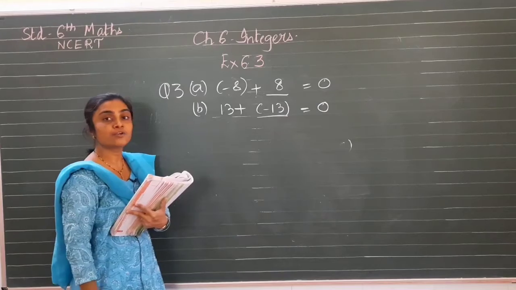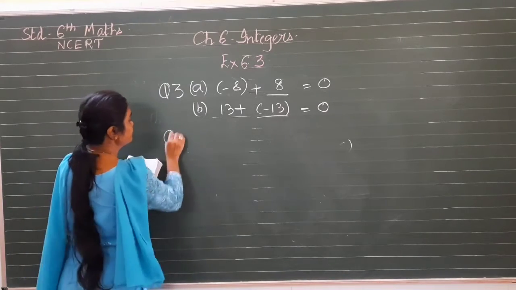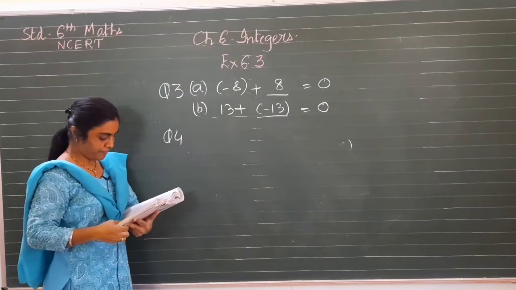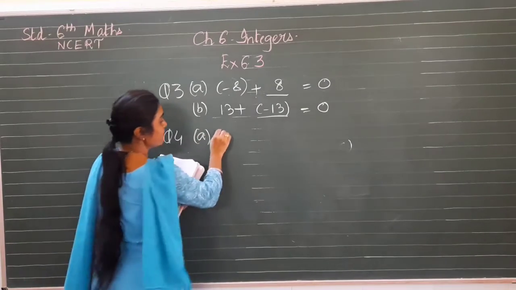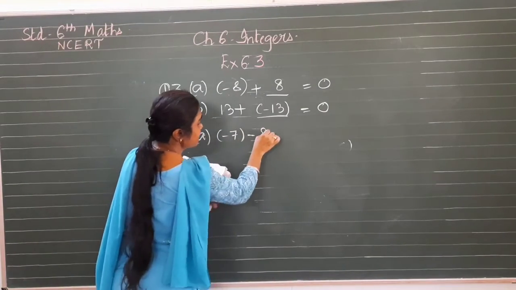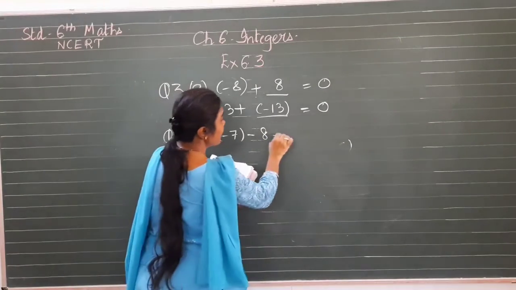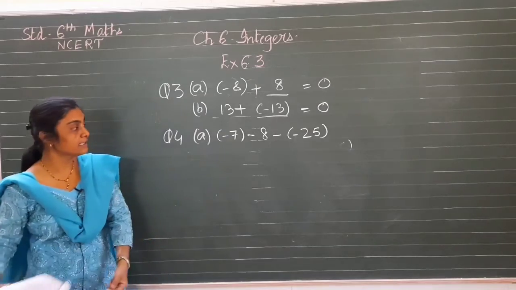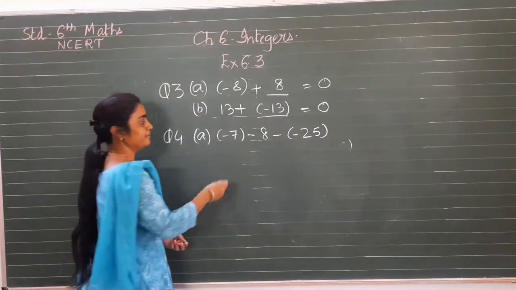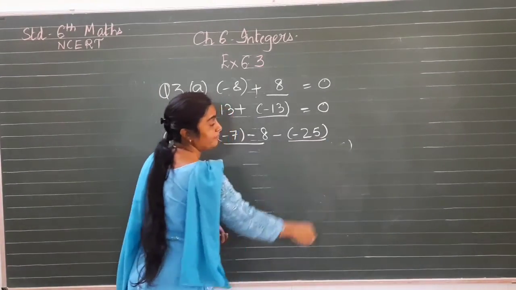Now let us see question number 4. Find the first one, minus 7 minus 8 minus minus 25. Let us take first this two pair and then we will perform with this.